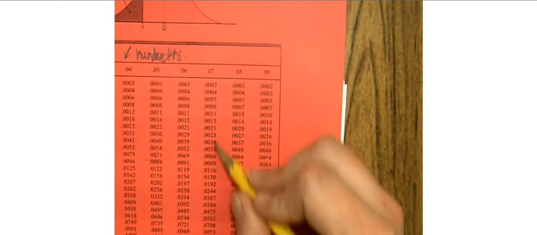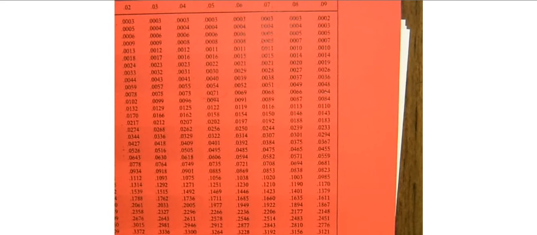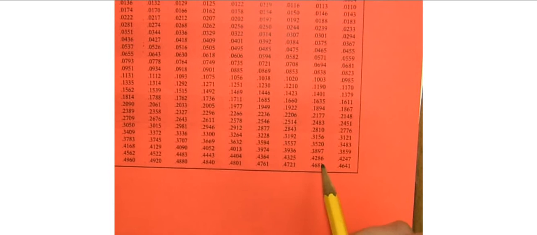And if I were to go on over, I believe that that's going to be located at 0.2514. So 0.2514, and that's my answer. And that is it. There's nothing further for you to do.